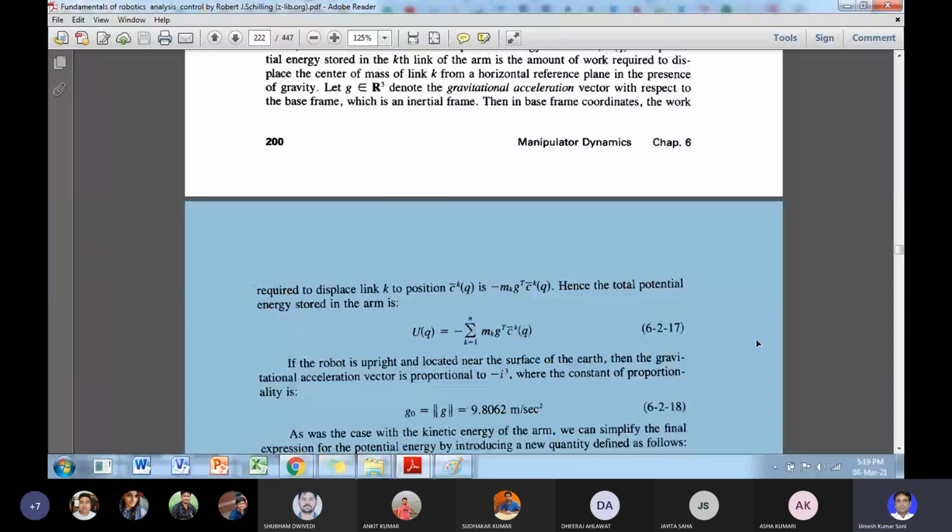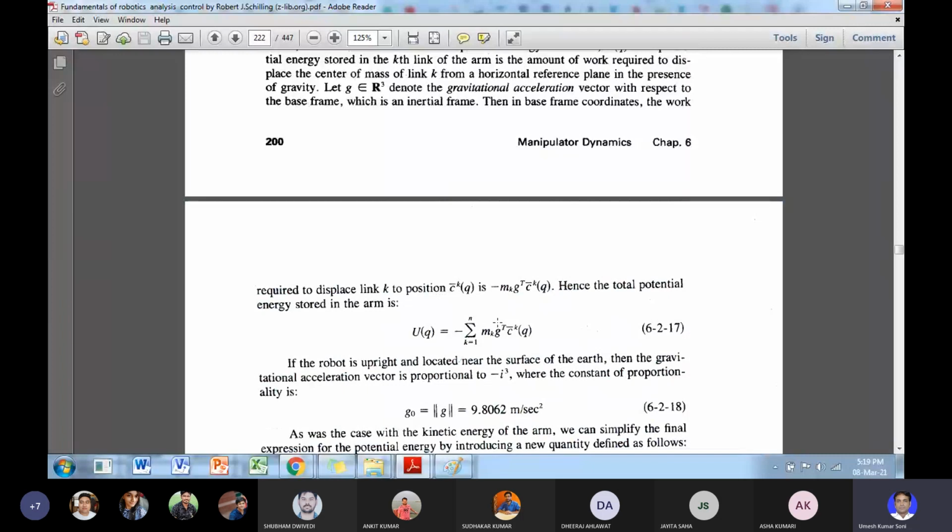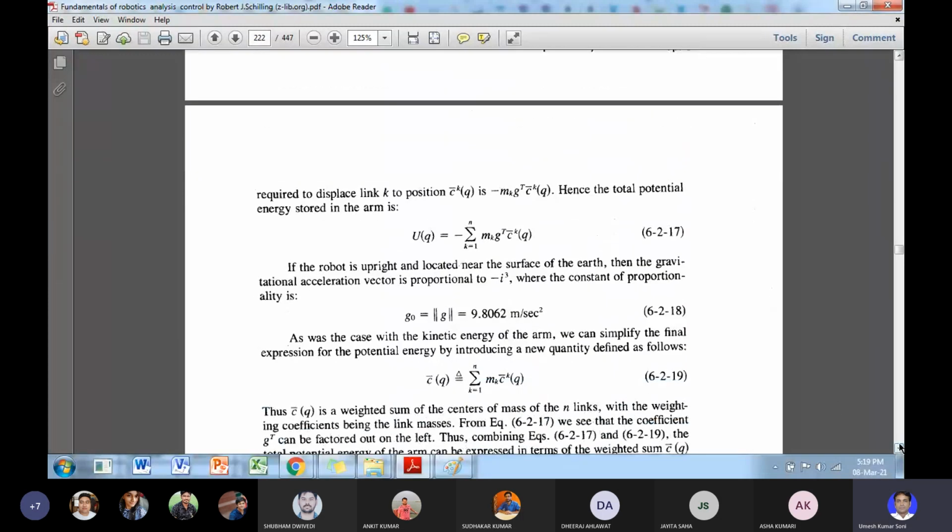Here g transpose is the gravity vector, mk is the mass of the kth link, and Ck is the coordinate of the center of mass with respect to the kth coordinate frame. So the potential energy is given by this.